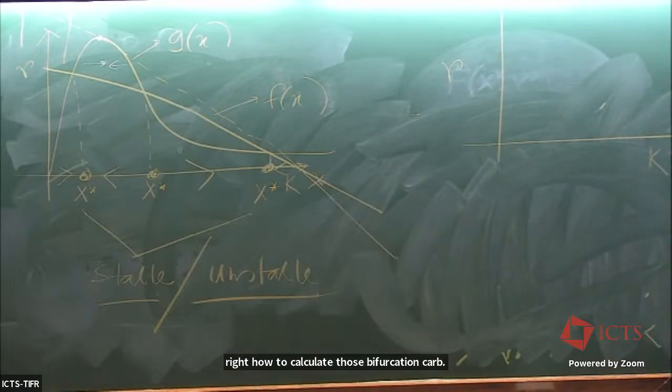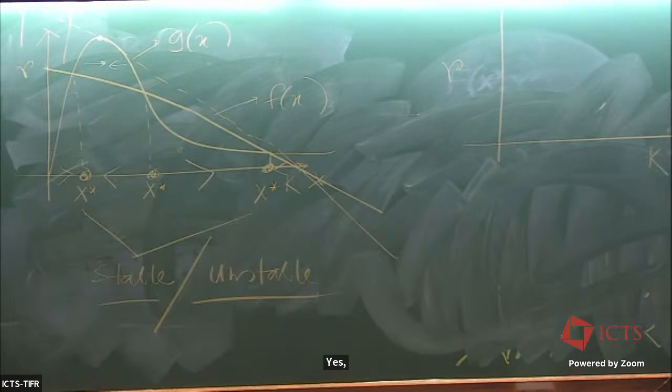One thing is that these fixed points we can calculate by just taking f(x) equals g(x). Let's say this is condition 1. And at a bifurcation point, what would happen? Their slope must be equal, they have to be tangential to each other.